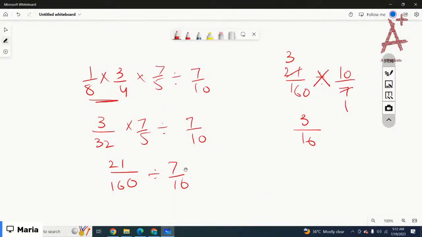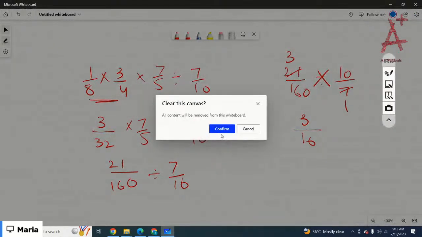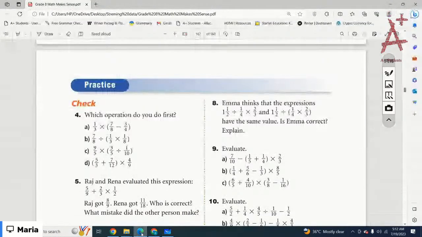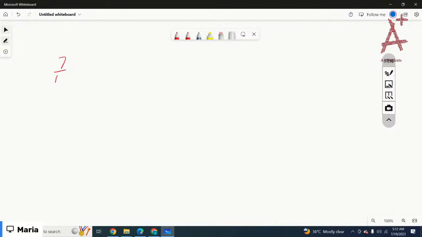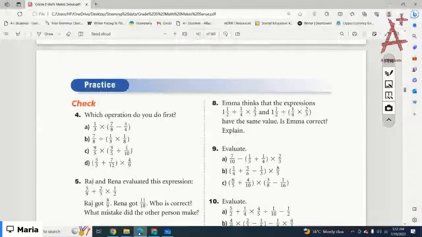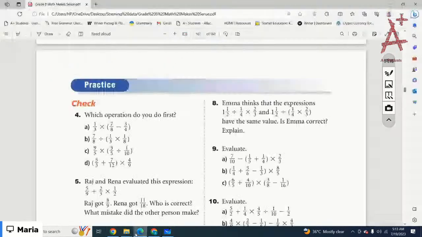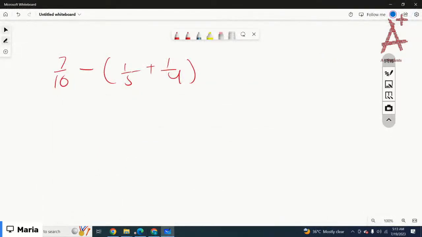Question number 9a. 7 over 10 minus 1 by 5 plus 1 by 4, times 2 by 3.